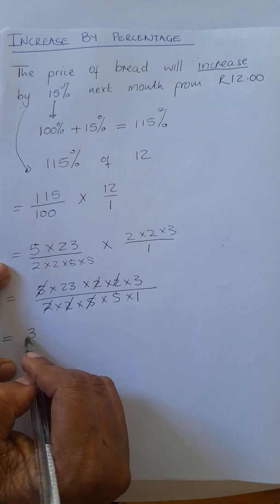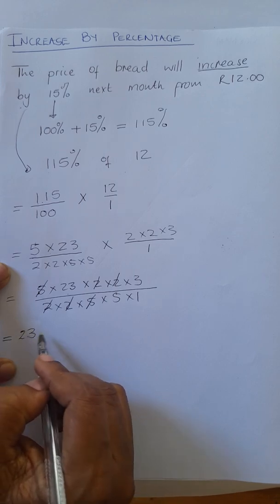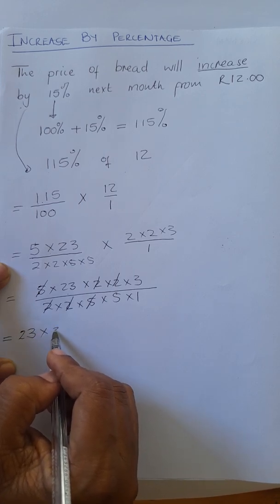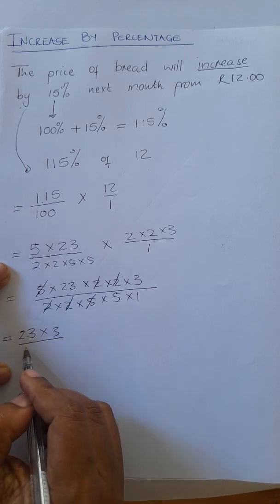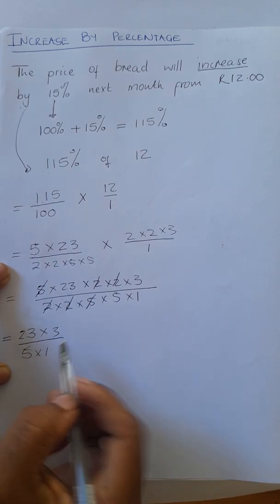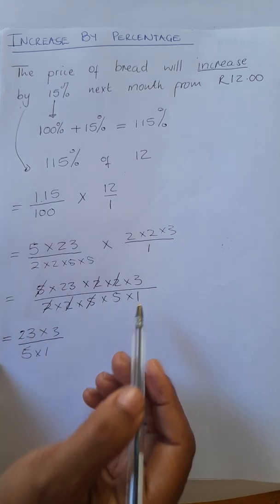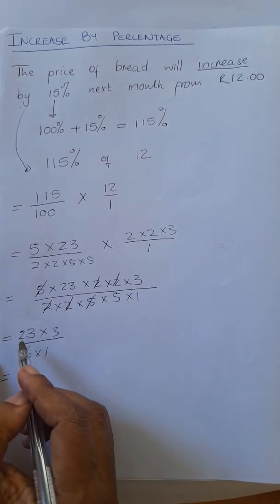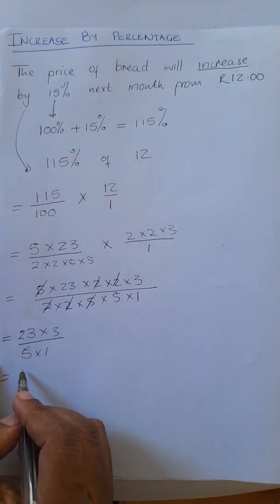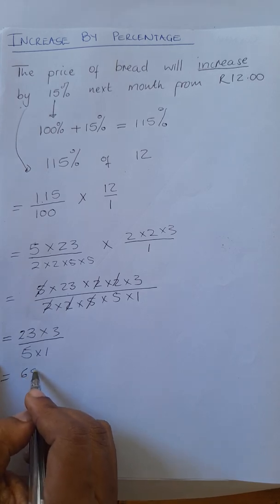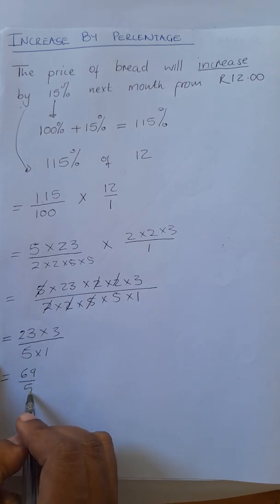So we'll be left with 23 times 3 divided by 5 times 1. We are left with 5 and 1 at the bottom. Then 23 times 3 is 69, divided by 5.